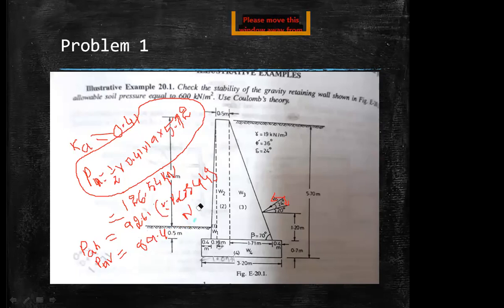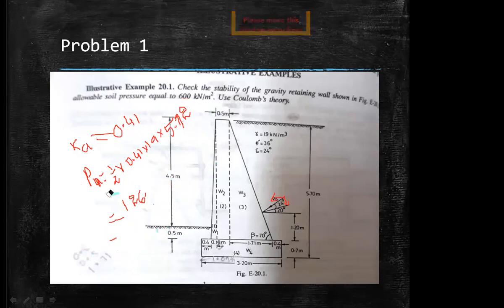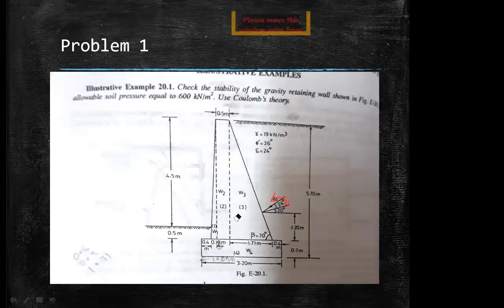Along with these pressure forces, we need to calculate weights also. Along with the PA, we need to calculate the self weight of the retaining wall, right? So how do we calculate weight? What is the formula to calculate weight?